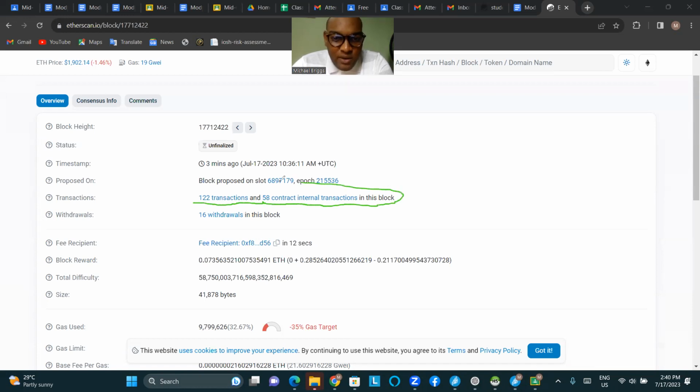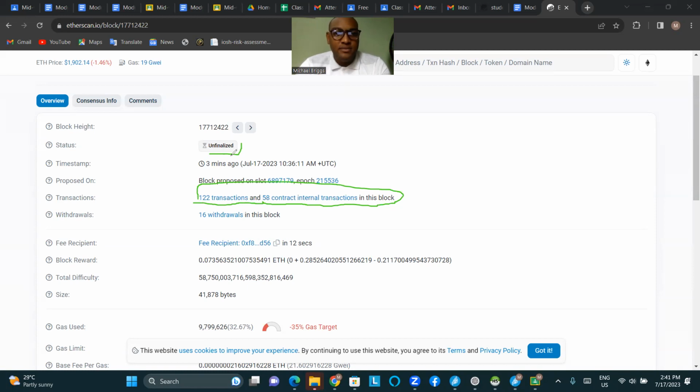The reason it says unfinalized is that there is a set number of transactions required for this block to be complete, or rather, full. Once that number of transactions is completed, this block is done. No other transaction will be added to it.